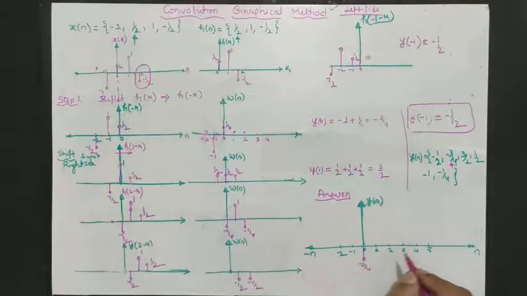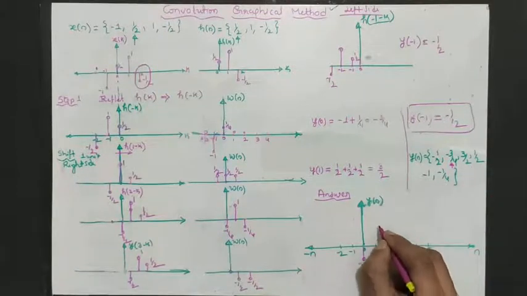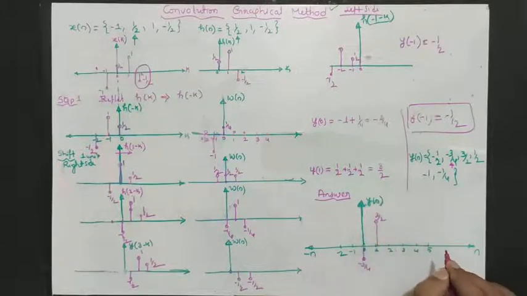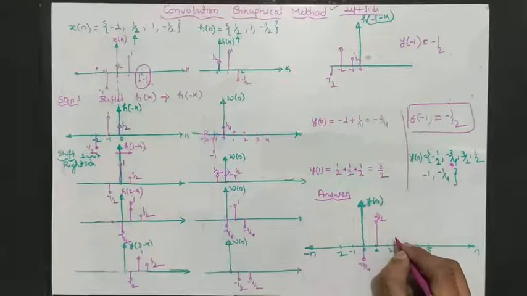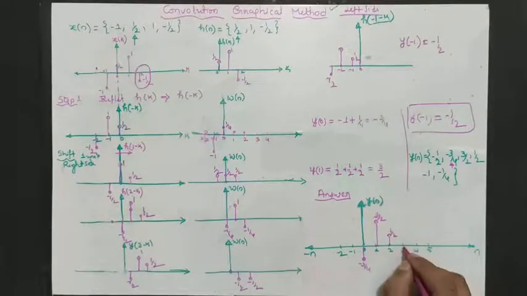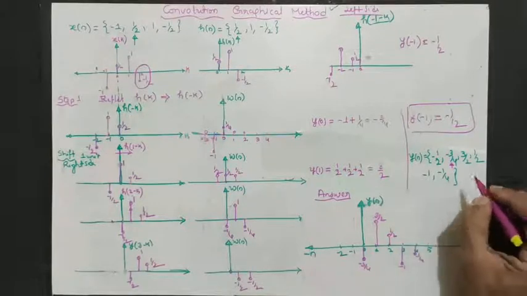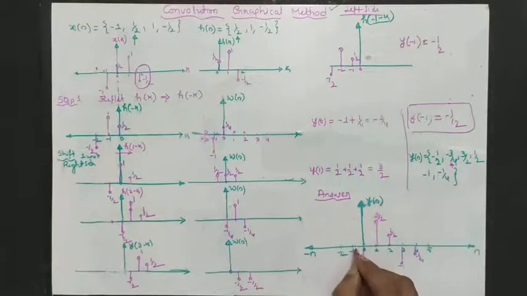Minus 3 by 4, and then 3 by 2, next half, next minus 1, and next minus 1 by 4. And at the other side it is minus half.